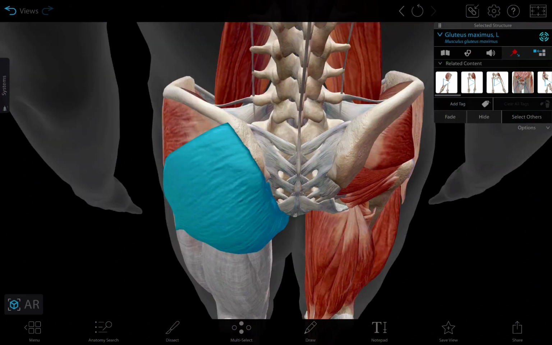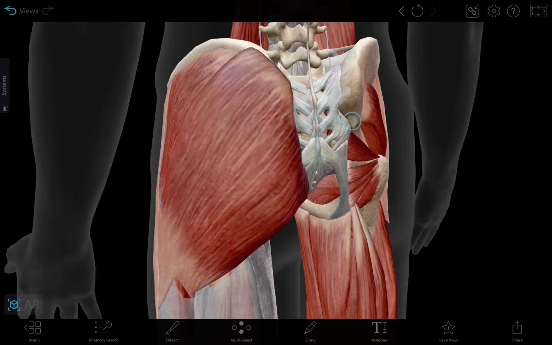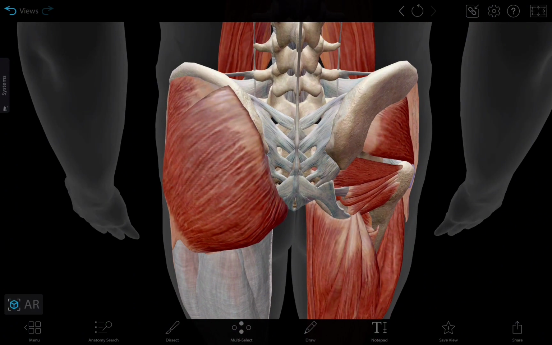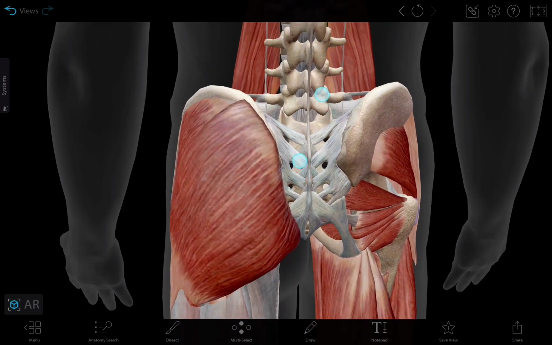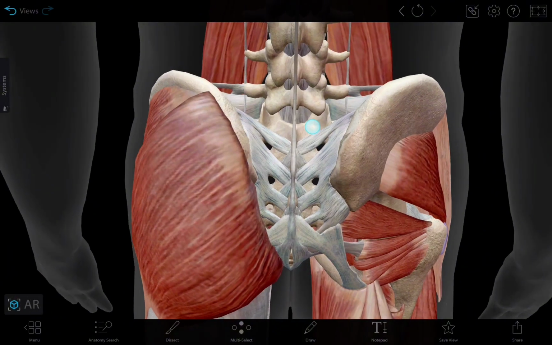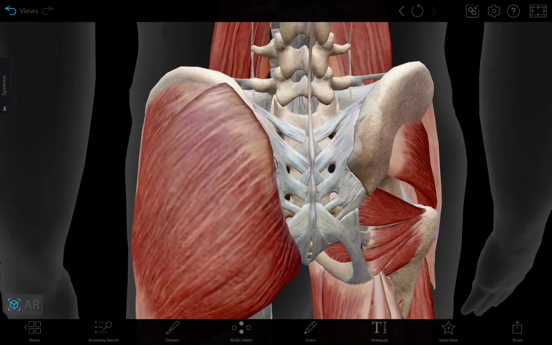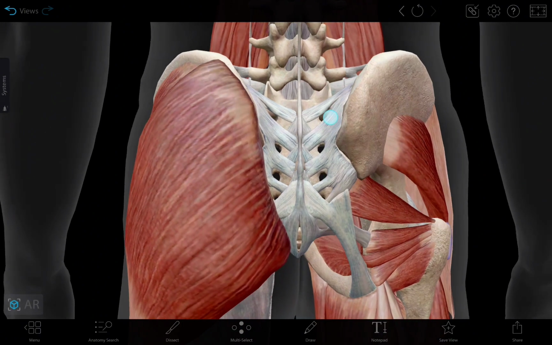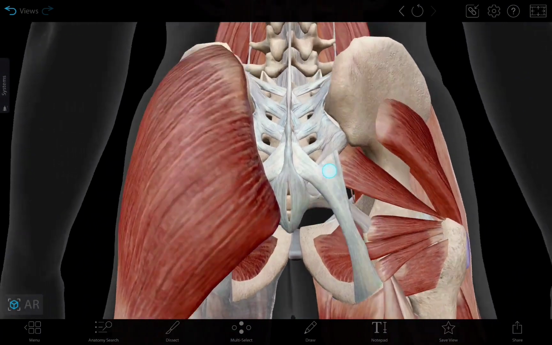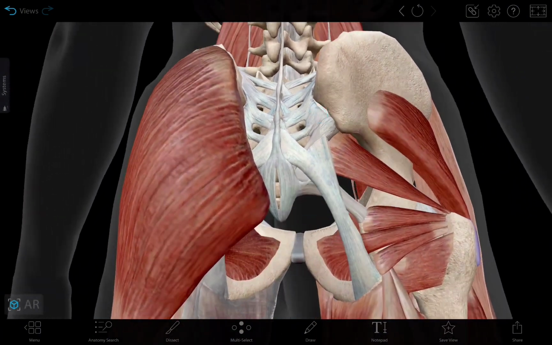As you can see, the gluteus maximus muscle originates from the posterior part of the sacrum, ilium and coccyx. Look very carefully. The gluteus maximus muscle originates from the posterior part of the ilium, sacrum and coccyx. Look, this is the sacrum and this part is the coccyx.